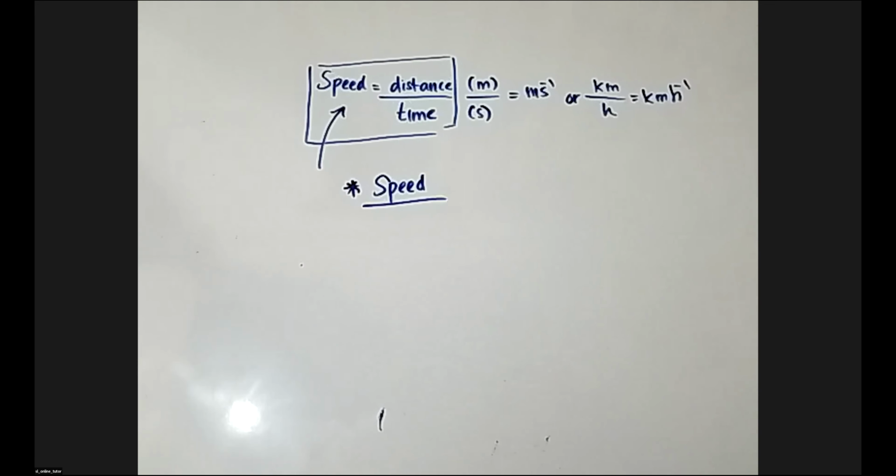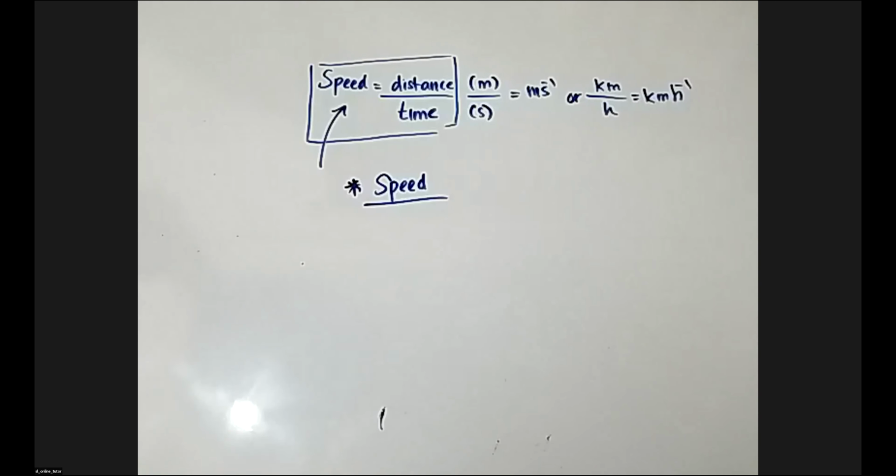Okay, you want me to repeat some questions. Which question? First question is, a motorcycle travels 150 meters within 10 seconds.